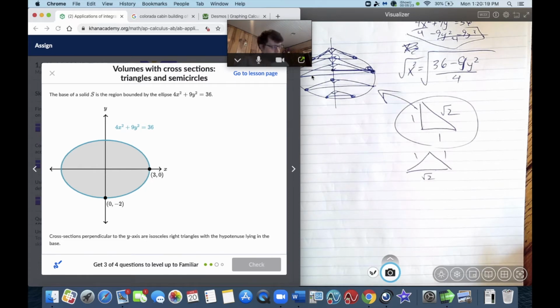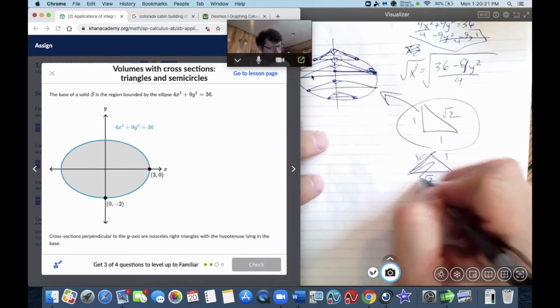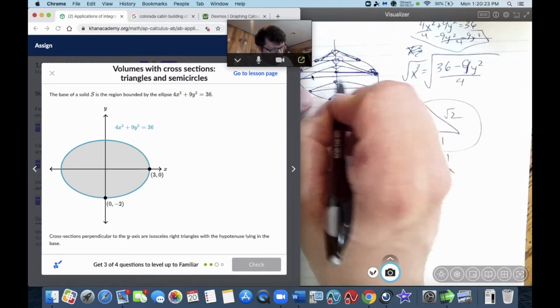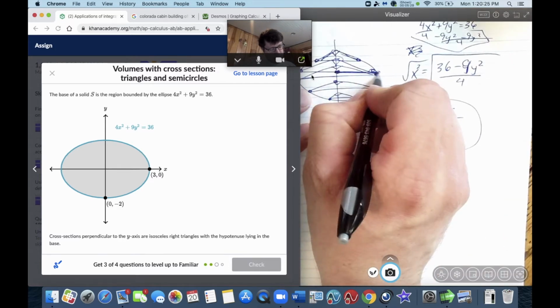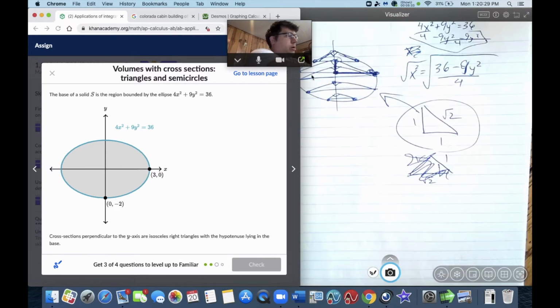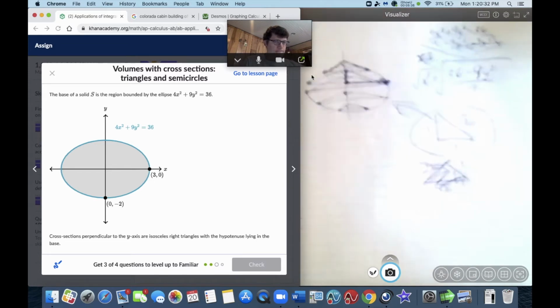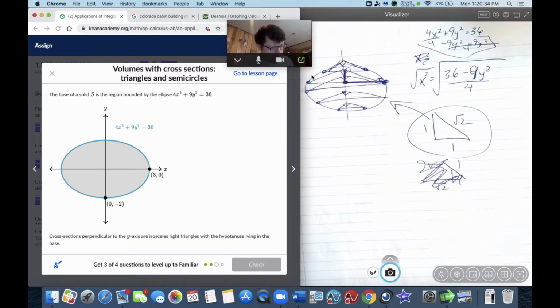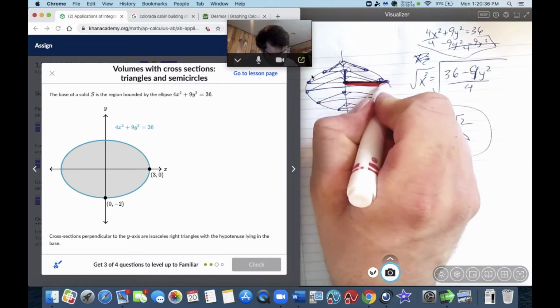Okay, no, leave it. So this line out to here will be the same as the line popping up. This line is the same as the height of the triangle.